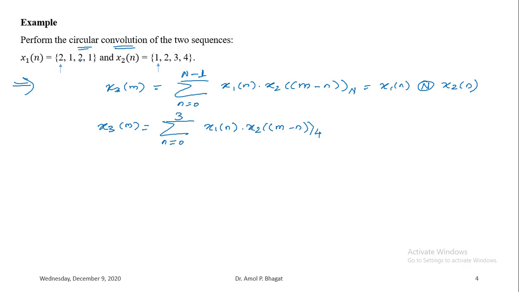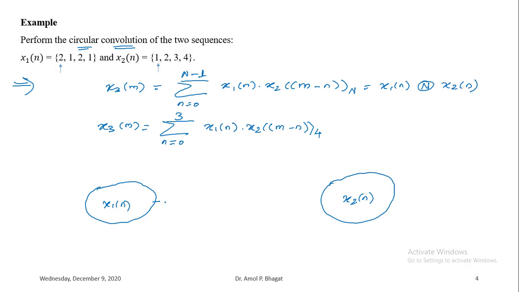You can write down whatever statements I have said: the sequences are graphed in the counterclockwise direction on the circle. So you can simply draw one circle indicating the sequence x1 of n, and a second circle where the second sequence x2 of n will be indicated, and you will plot it counterclockwise.